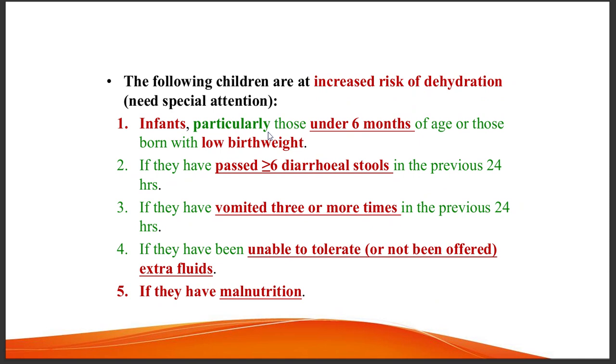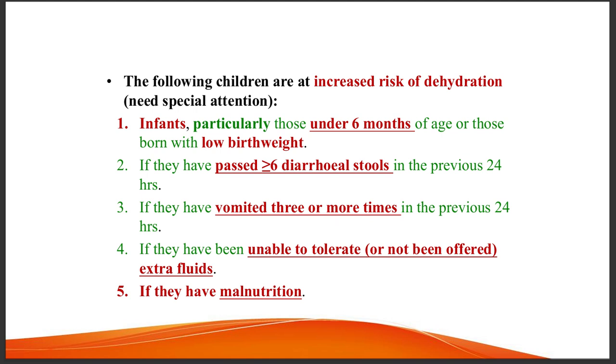Children who are at increased risk of dehydration and need special attention include infants under 6 months of age, or those born with low birth weight. Also those who have passed more than 6 diarrhea stools in the previous 24 hours, or have vomited 3 or more times in the previous 24 hours.